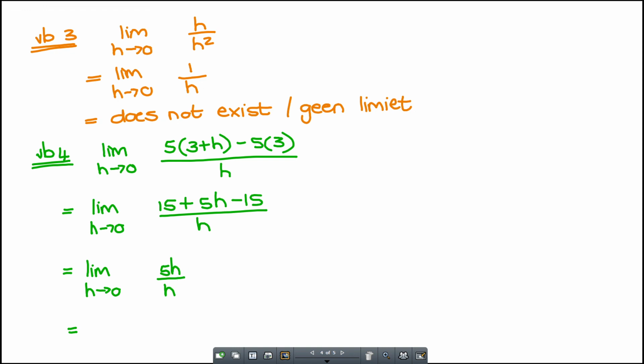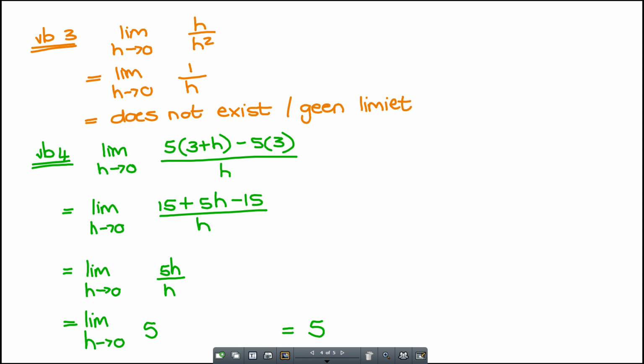So the limit where h strives to 0, if I cancel those out, will be 5. Okay? So substitute in h is 0. There is no h. So my limit will still be 5.